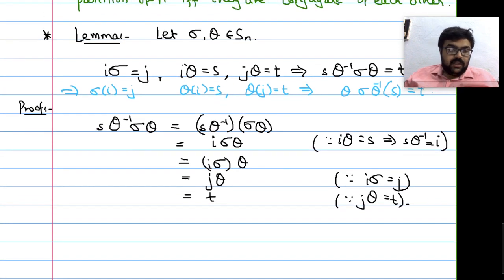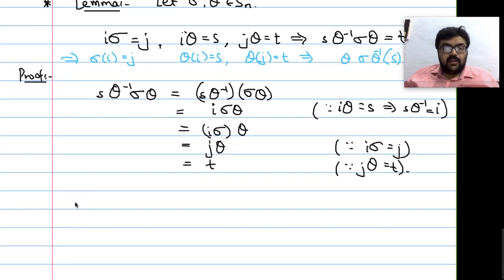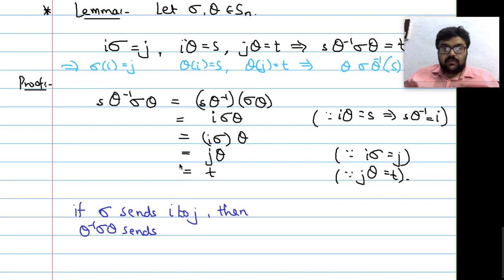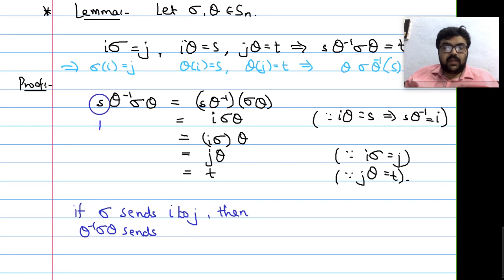But what is the meaning? So I am writing here: if sigma sends I to j, then theta inverse sigma theta sends s to t, right?